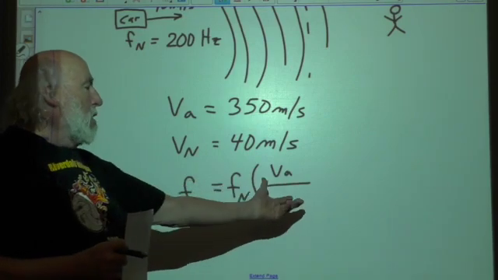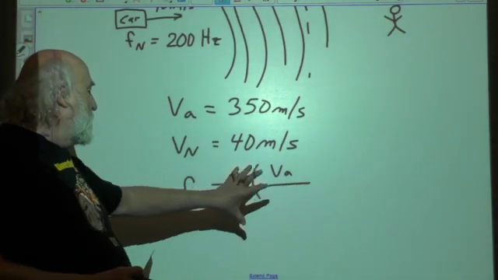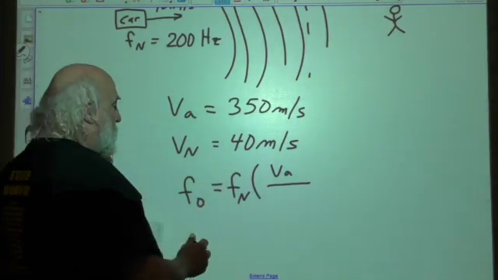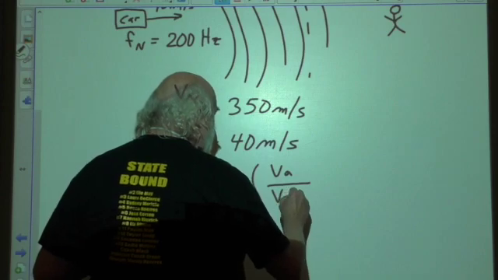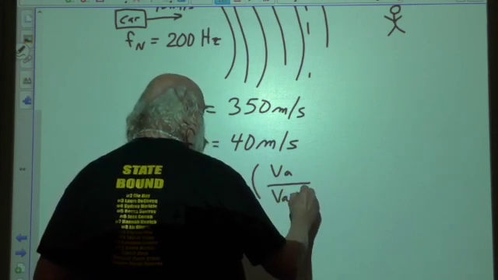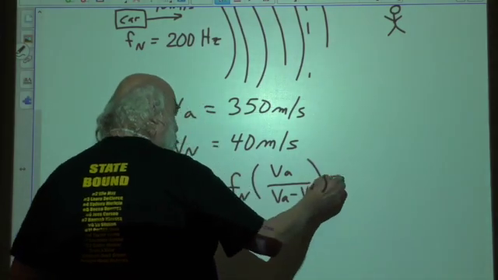If you're going to subtract values in the denominator and everything's positive, then that's actually going to make this value higher. And so what we're going to look at then is the difference between the velocity of air and the velocity of the noise. How fast is it coming out of the car?